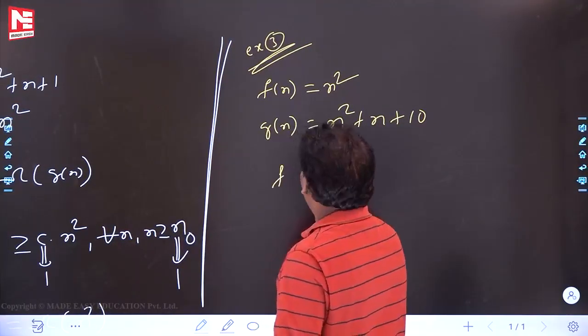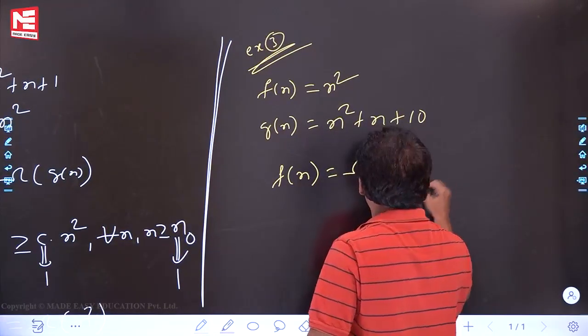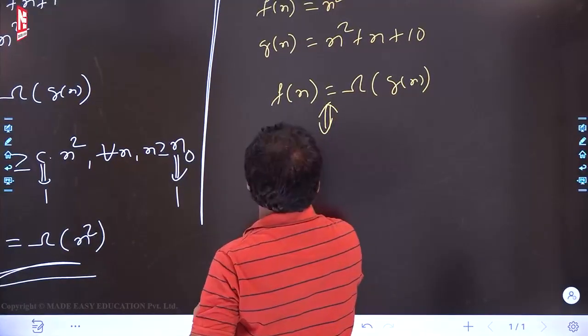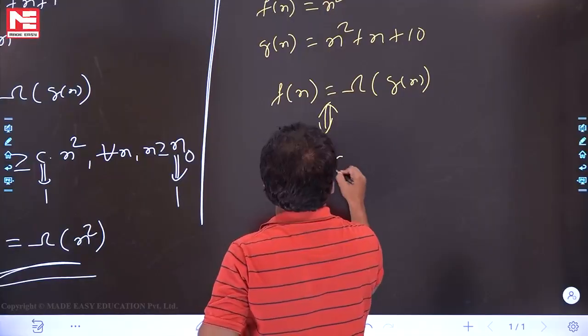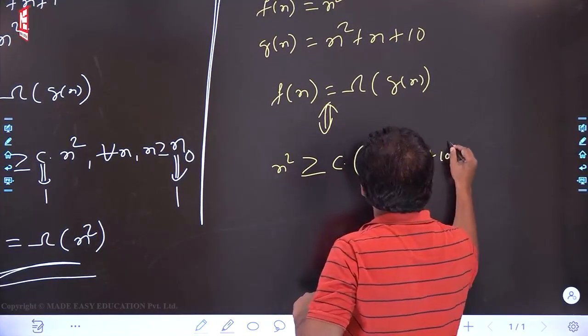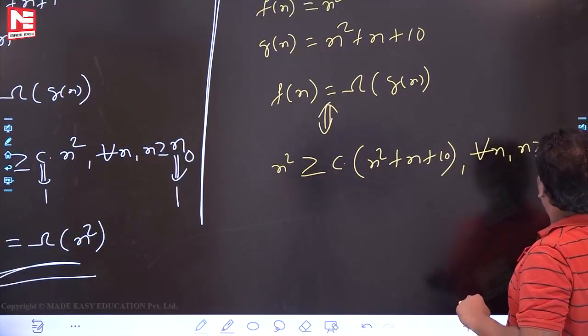Now I want to prove f of n is omega of g of n. If you want to prove it, what is the condition you have to satisfy? This is the condition. What is the f of n? n square greater than or equal to some c into, what is the g of n? n square plus n plus 10, for all n where n is greater than or equal to n0.